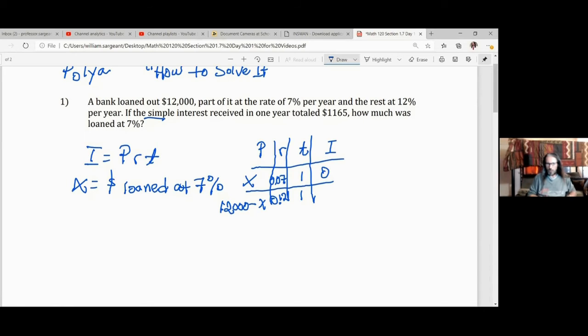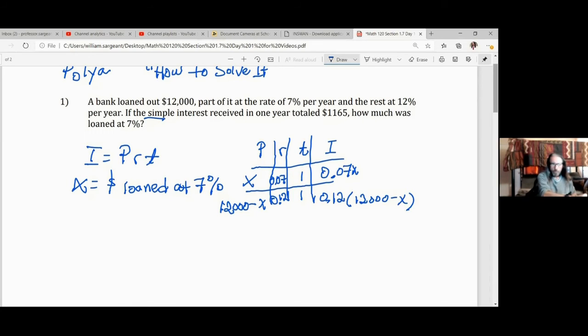So the interest from the first account with the lower interest rate is 0.07x, and the interest earned from the one with the greater interest rate is 0.12 times the quantity, 12,000 minus x.